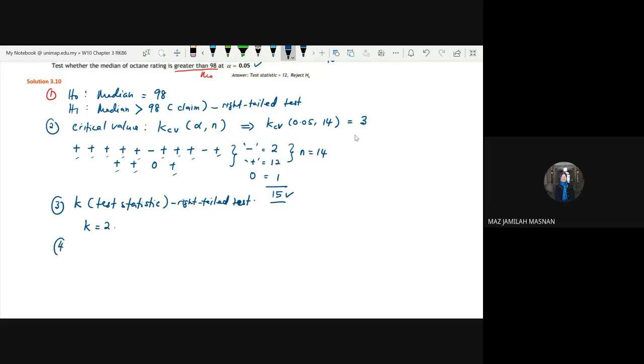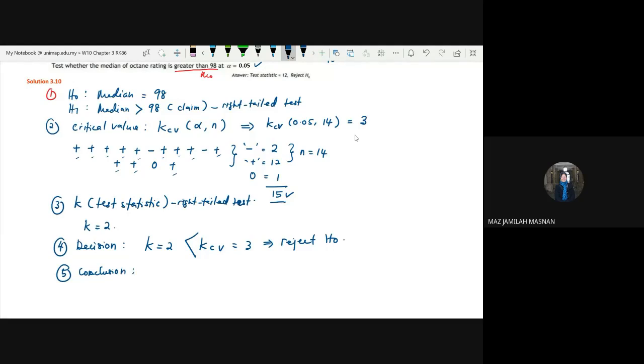And number 4, decision. Since we have K equal to 2 and KCV equal to 3, and your KCV is greater than K, the same as what we have in our example, then our decision would be reject null hypothesis. Number 5, your conclusion.